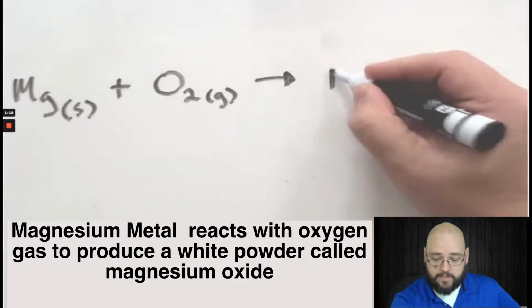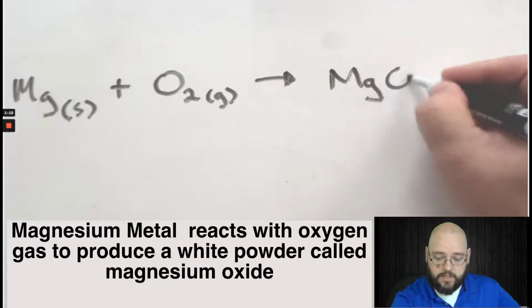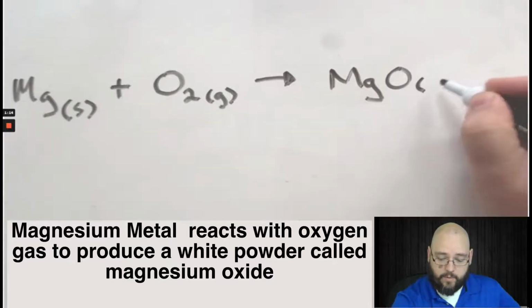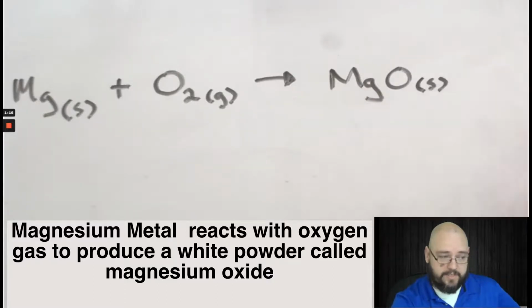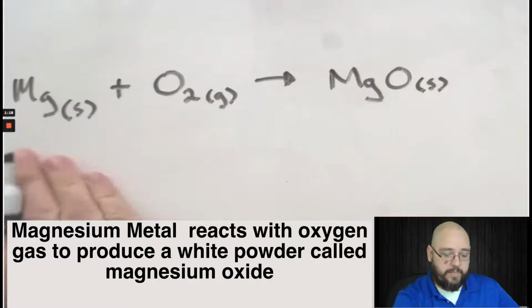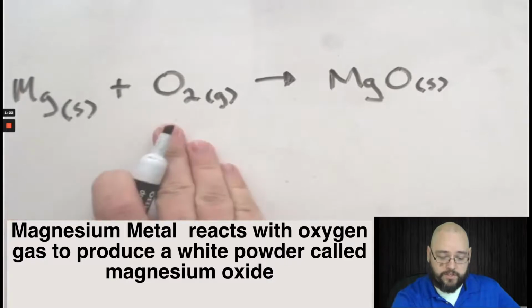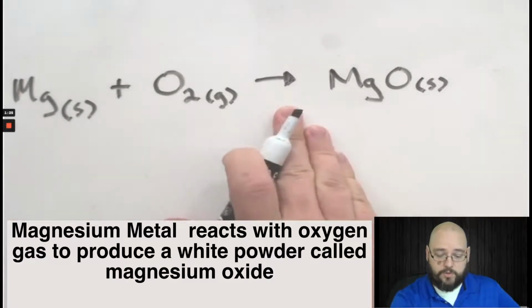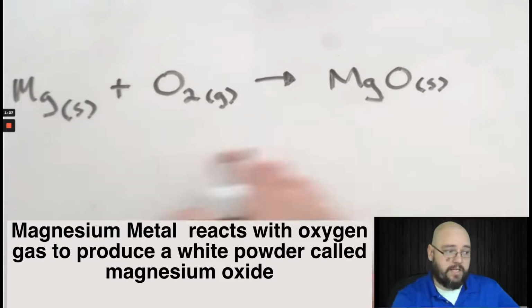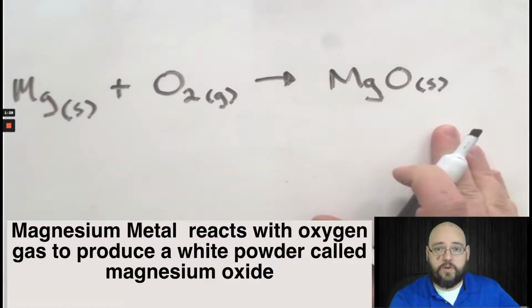So magnesium oxide is MgO, and that white powder tells me that it is a solid. So I have my magnesium plus oxygen react to produce magnesium oxide. This is our skeleton equation for that word equation.